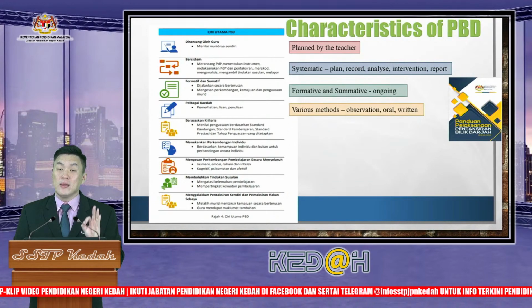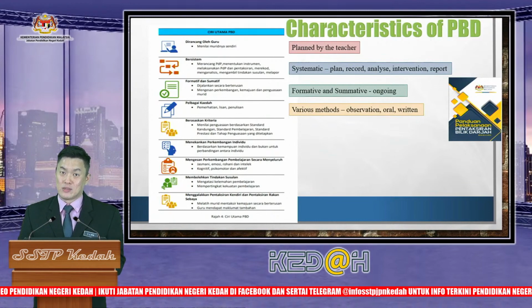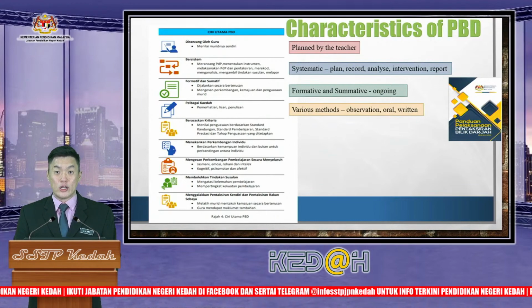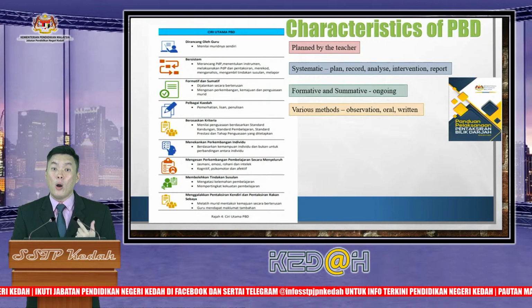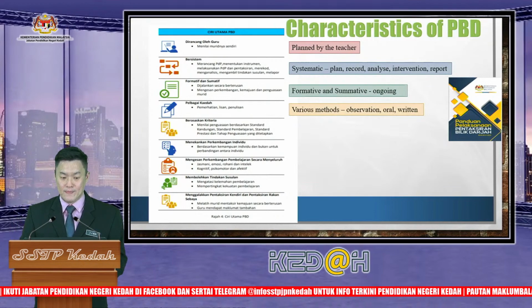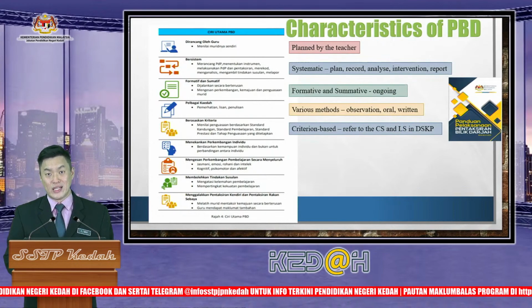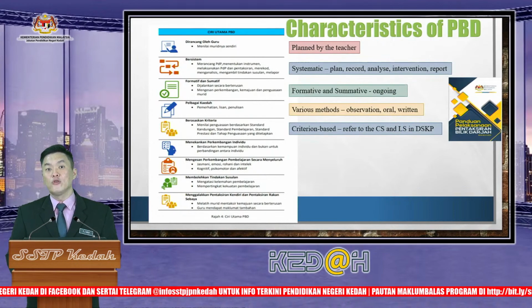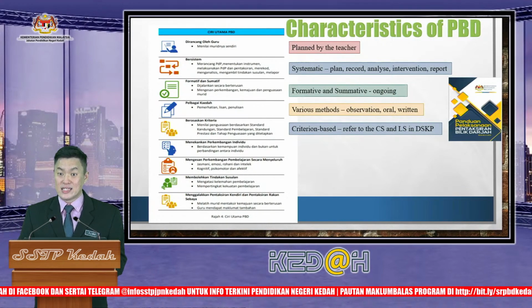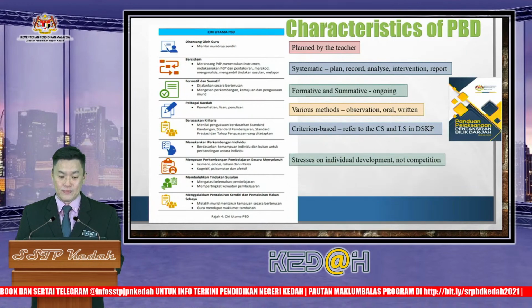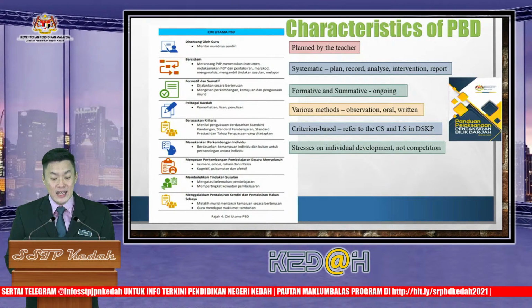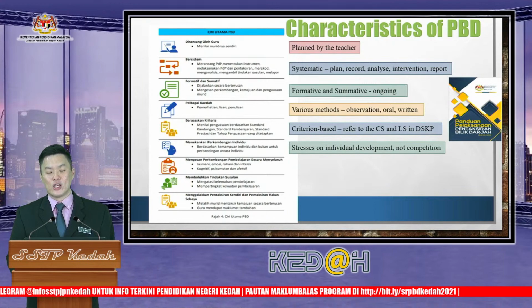And there are 3 main ways for us to assess pupils. We can do it through observation, oral, as well as written. PBD is criterion-based. In other words, we have to refer to the learning standards and content standards in the DSKP. And it stresses individual development rather than competition.